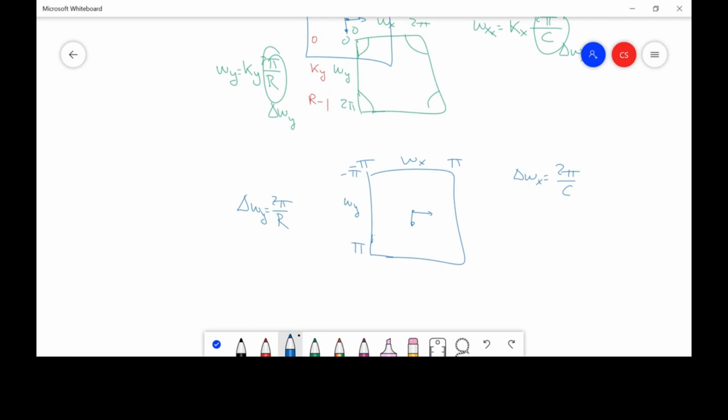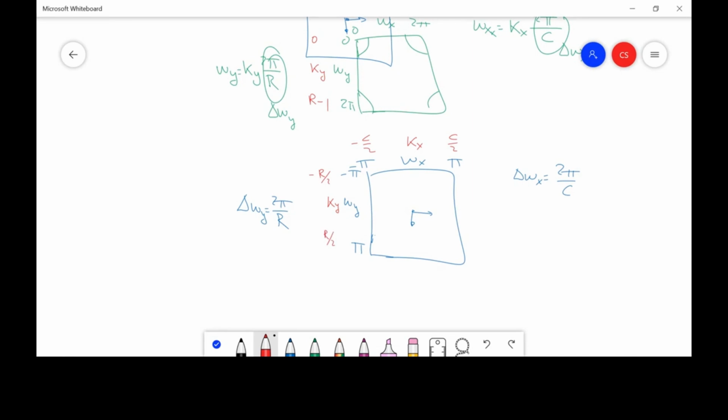But now your k has to be negative. So k, here I'm kind of loose, okay? But k has to go from minus c half to c half, and from minus r half to r half.